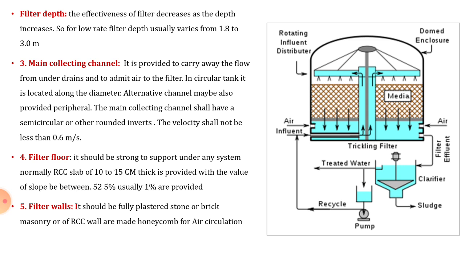The filter floor should be strong enough to support the under drainage system. Normally an RCC slab of 10 to 15 centimeter thickness is provided with the value of slope between 0.5 to 5%, and usually 1% is provided.